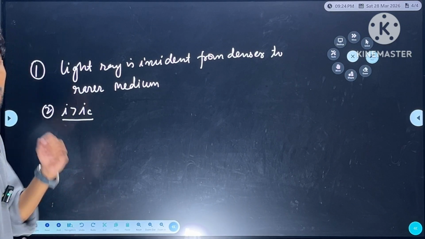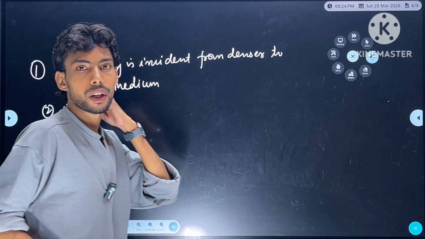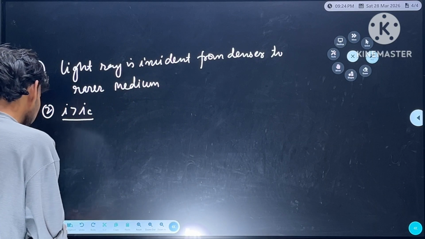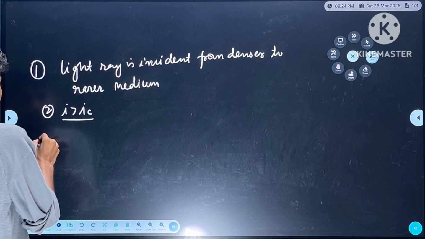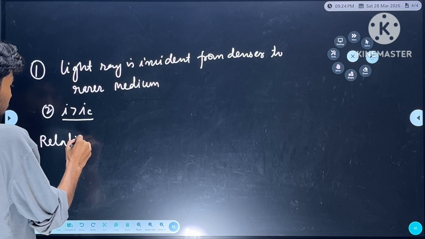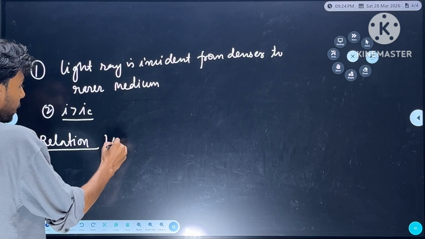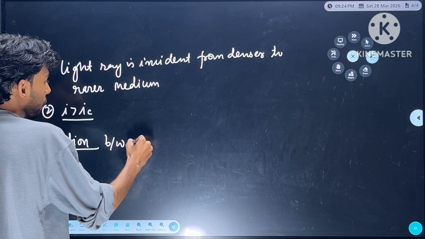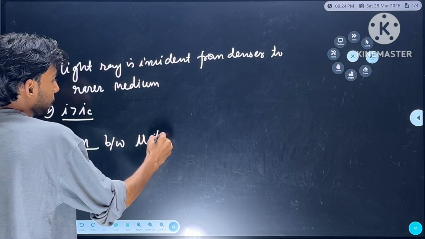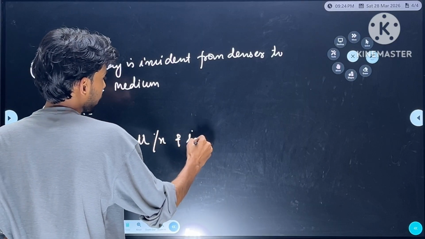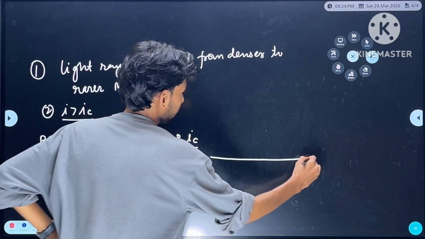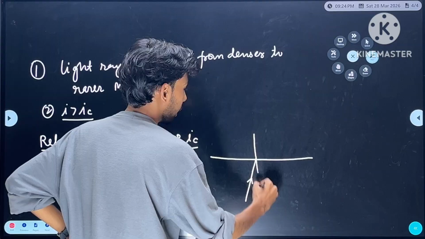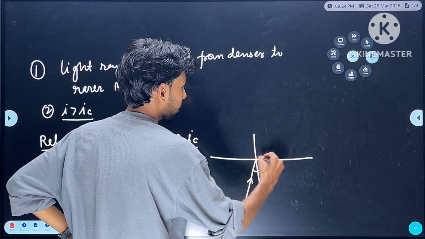Now what should be the value of this IC for a particular pair of media? Let's calculate. We will study the relation between the refractive index mu, or you can represent it by n, and this critical angle IC. So TIR is happening only when the light ray is incident from denser medium to rarer medium, right?